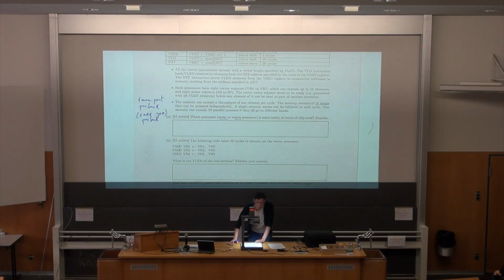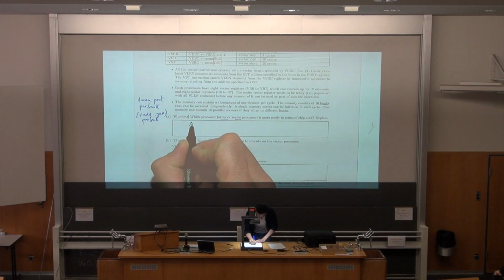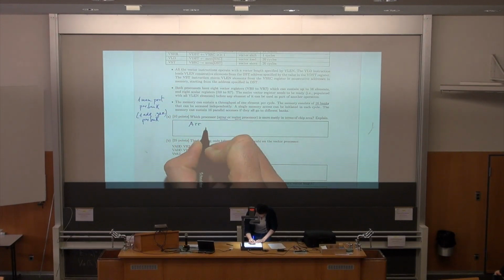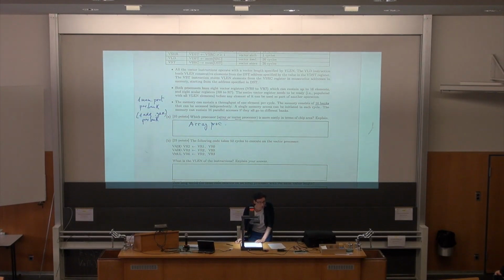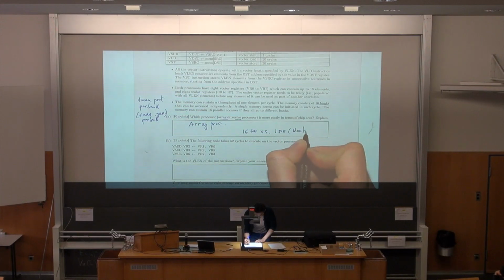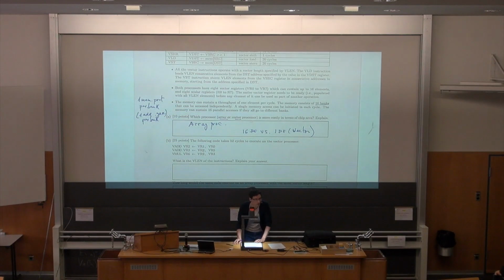In the case of the vector processor we just need one processing element. So in this case the answer is that the array processor is going to be more costly in terms of chip area, essentially because it needs 16 processing elements versus one processing element in the vector processor. Okay? Any question?